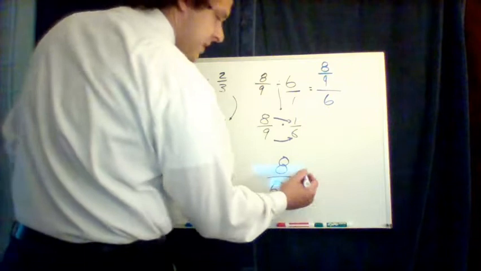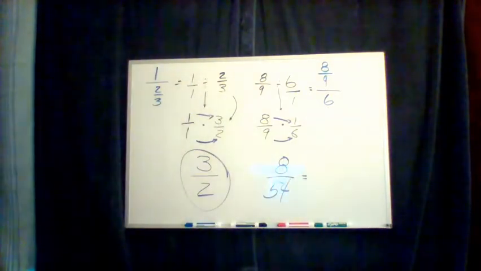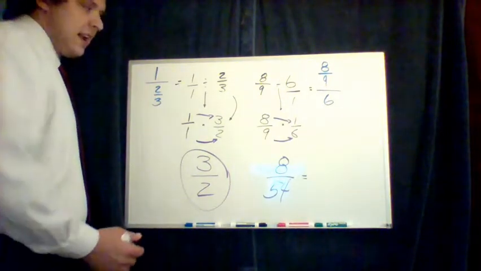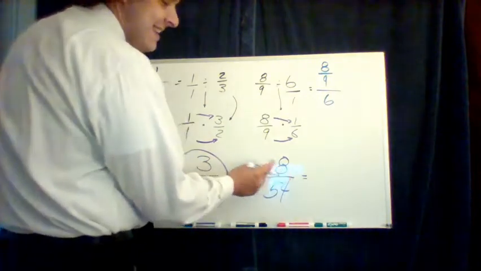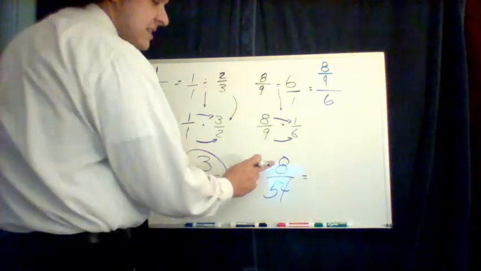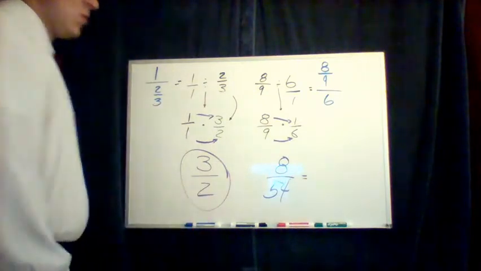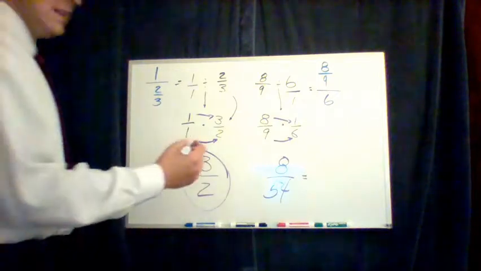Okay, and we can do what with this fraction, right? 8 and 54 are both divisible by the same number. We can reduce it. I think not only does 2 go into both of these, but I think 4 does as well. Does 4 go into 54? No, it doesn't look like it. Let's try that again.